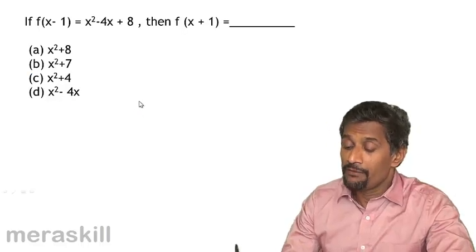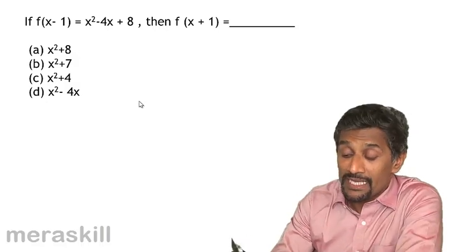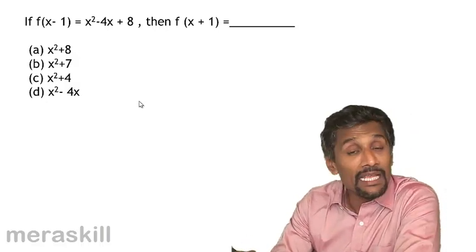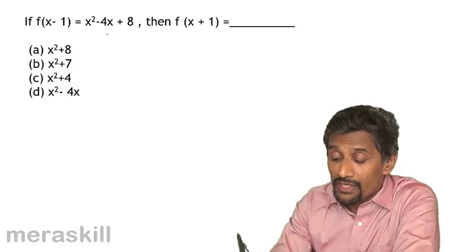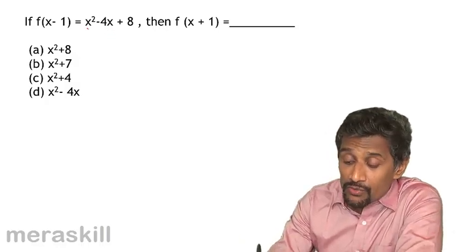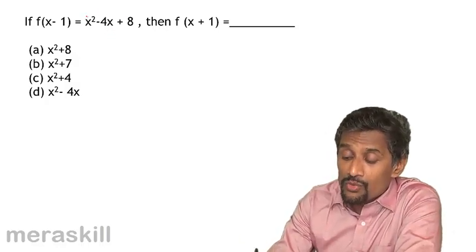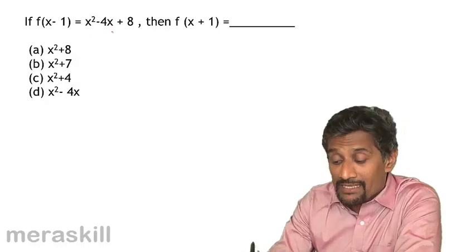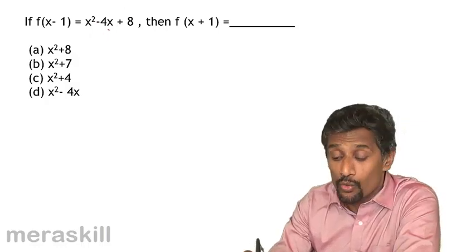Okay, now f of x minus 1 is x squared minus 4x plus 8. So what we need to do over here is that we need to first convert this into a function which has x minus 1 the whole square.